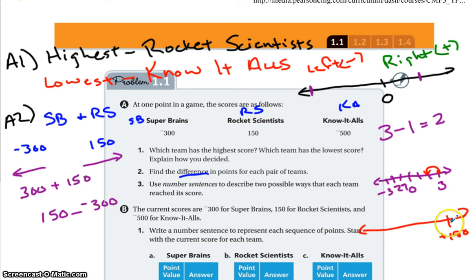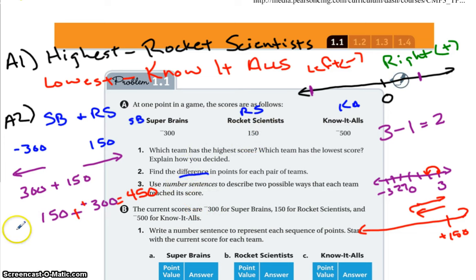And in math, when we get to double negatives or the subtraction of a negative, what we're really doing is adding a positive 300, because subtraction means we go to the left, but then that negative value is kind of like a U-turn. So we're actually going to go back to the right, so that our answer winds up to be 450 points, so that they have a difference of 450 points. So between the superbrains and the rocket scientists, there is a difference of 450.